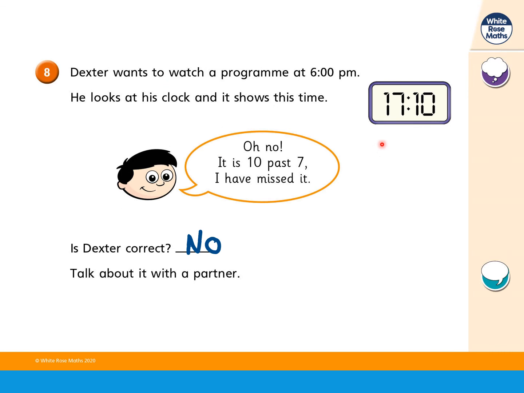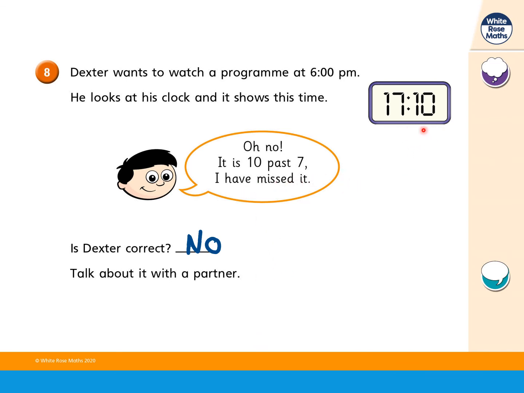Dexter wants to watch the programme at 6 o'clock p.m. He looks at his clock and it shows this time, 17:10. Oh no, says Dexter, it is 7:10. I have missed it. Is Dexter correct? No. Why is he not correct? Well, you'll notice that he said it's 7:10.